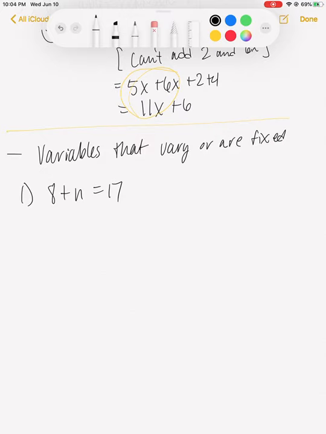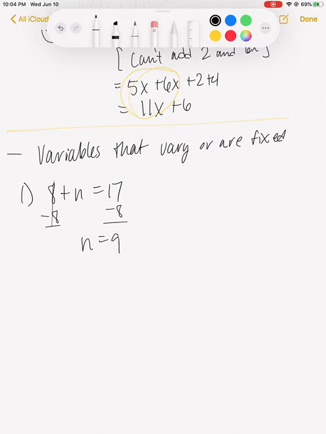Okay, now that you've thought about that and resumed the video, we can see that it can vary or not by solving for n. So if we subtract 8 from both sides, n is going to be 9.